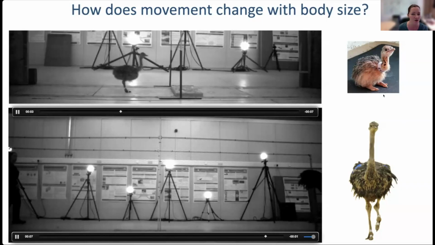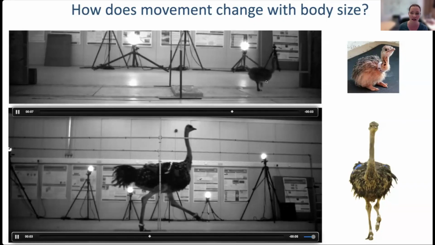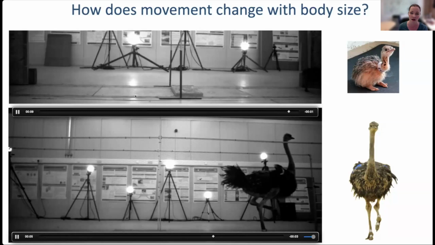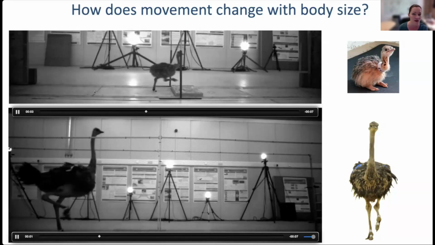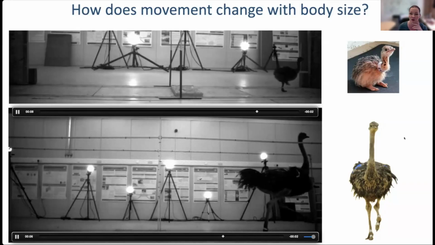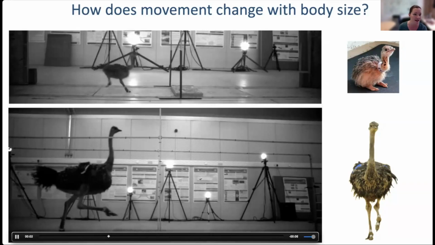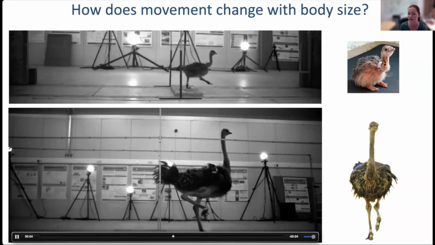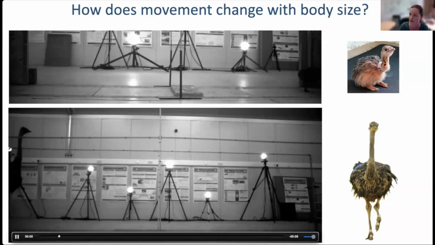You can see that the characteristic motions of the body generally look very similar, but obviously the small bird is operating its legs at a higher frequency and taking shorter steps because of its smaller size, right? And so we want to be able to rigorously analyze and compare gaits between these animals. And so we need to think about how do we actually meaningfully compare animals of different size.